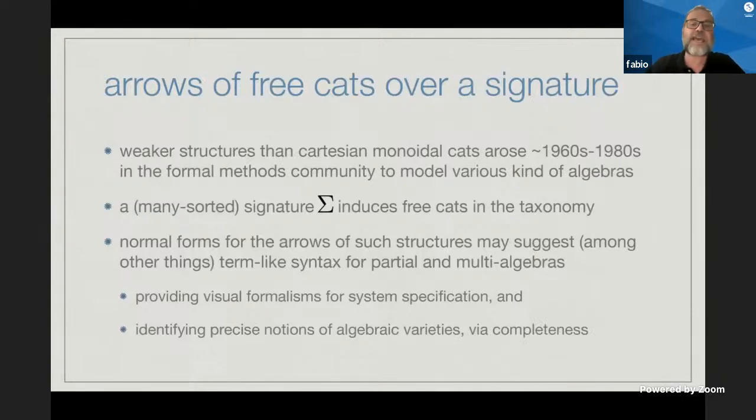So the idea is that I have a many-sorted signature sigma, and of course, whenever I have a signature, I can decide to build the free category, the free Markov category, the free Cartesian category, and so on and so forth. Basically, in a completely inductive way.